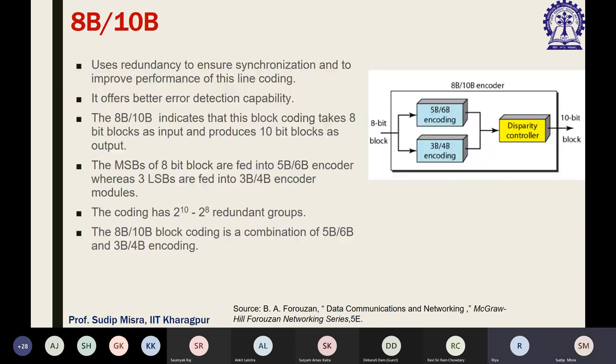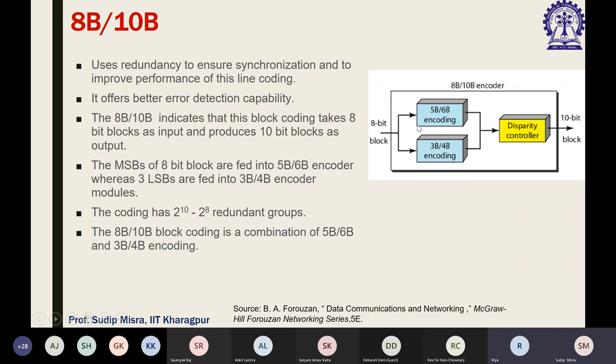Okay. Similar to 4b 5b, there is another one which is called 8b 10b. Here also the purpose is the same, and you do exactly whatever I told you earlier. But here you break the 8-bit block into 2 blocks. One is 5b, the other one is 3b, so together you get 8b.